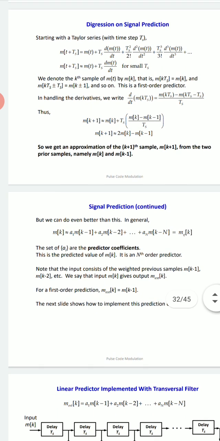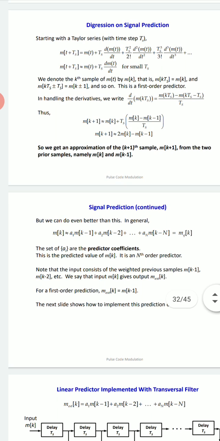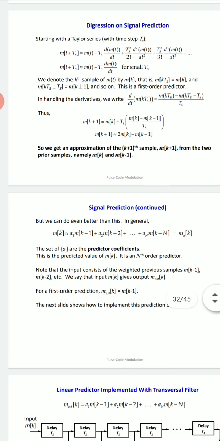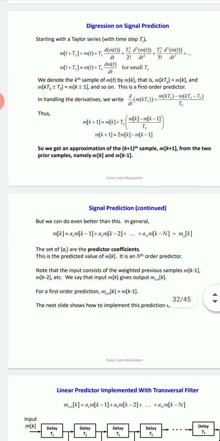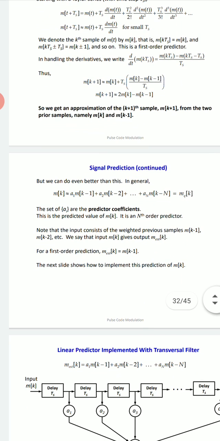This is the predicted value of M of k. It is the nth order predictor if we take the nth order. Note that the input will consist of weighted previous samples, M of k minus 1, M of k minus 2, up to M of k minus n, and the output is the estimated M of k.